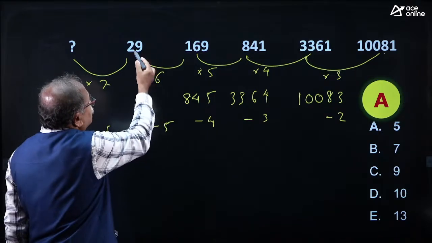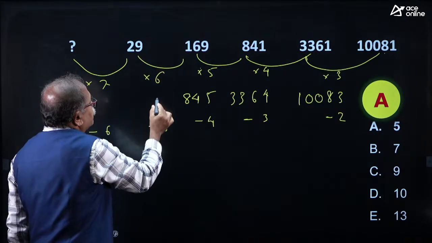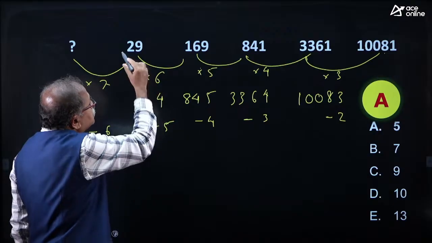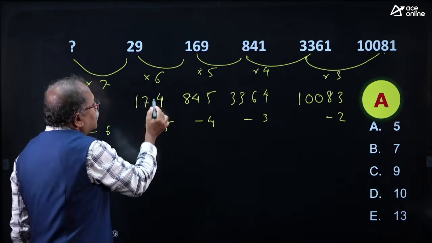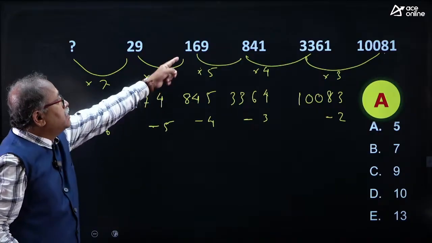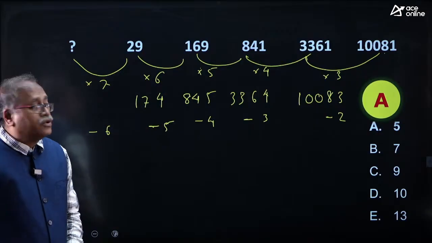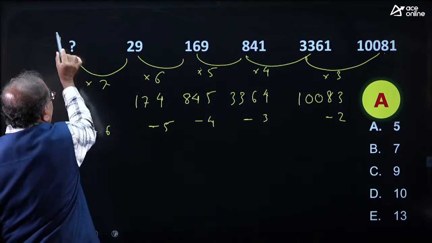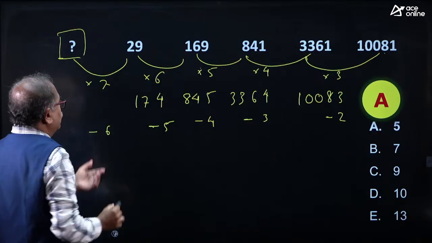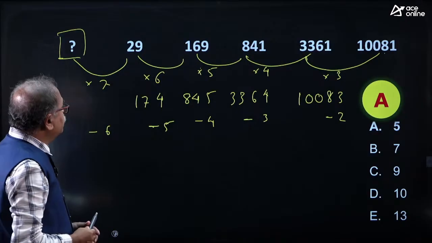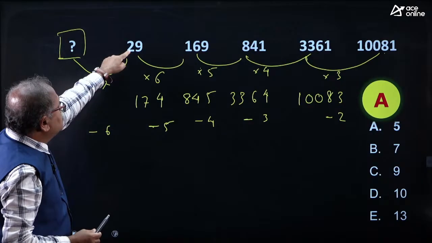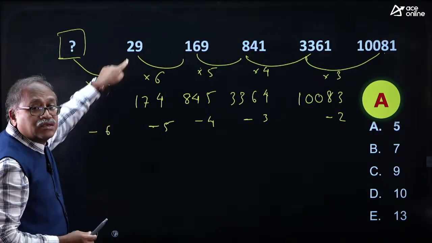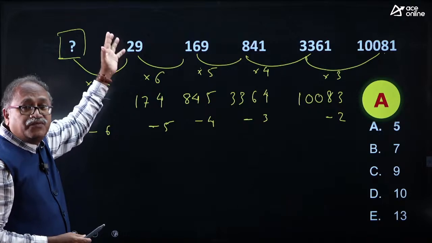So, this is the pattern. So, here check this one, that 6 9 54, carry 5, and 6 to 12 plus 5 is 17, and from there if I take out 5, I am getting this number. So, what number should be multiplied by 7 and take out 6 from there? I will be getting 29. That means 29 plus 6, that is 35.